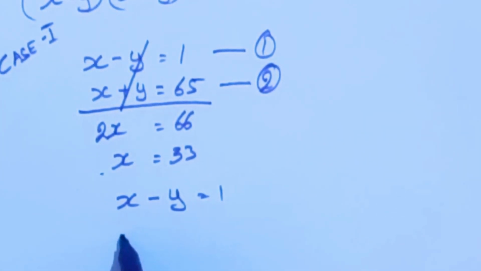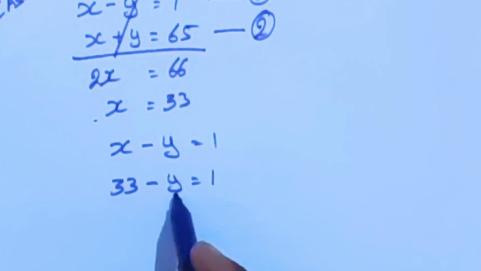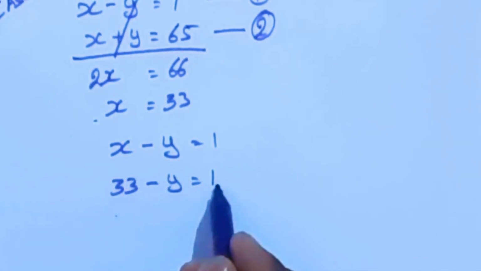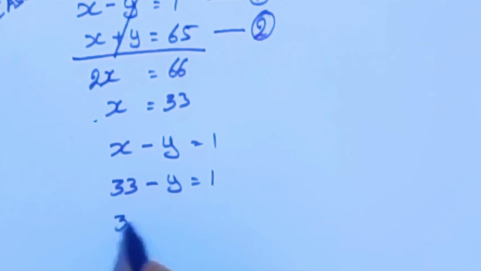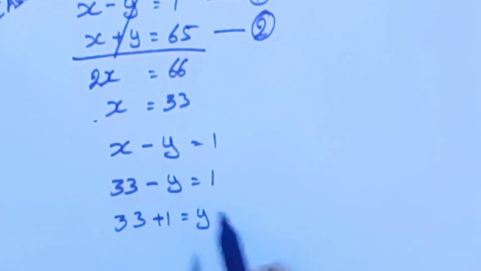Substituting this here, 33 minus y equal to 1. Now moving this minus y to the right hand side, also this to the left hand side, so 33 minus 1 equal to y. Here it is y equal to 32.